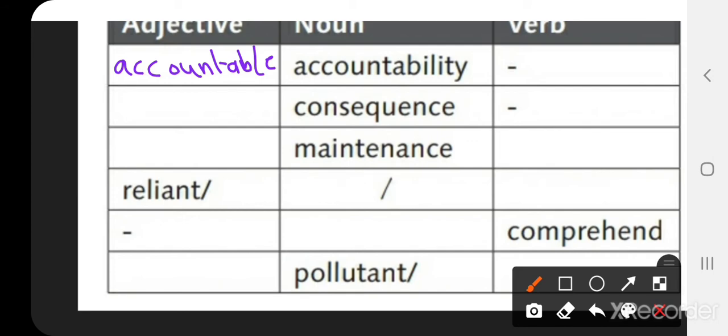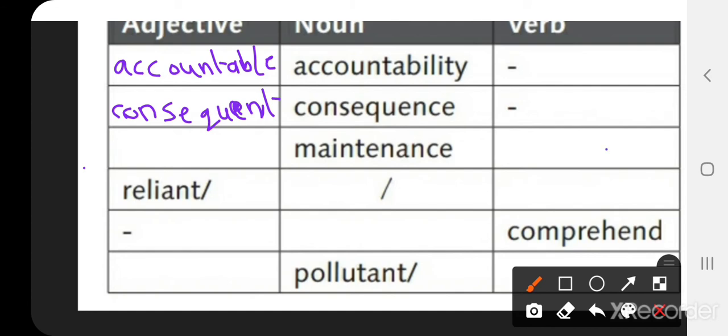Okay? What about the second one? We have consequence as a noun. What about the adjective? It's consequent. Okay, write it down. It's consequent. Number 3, we have a noun which is maintenance. I have an adjective for it and I have a verb.